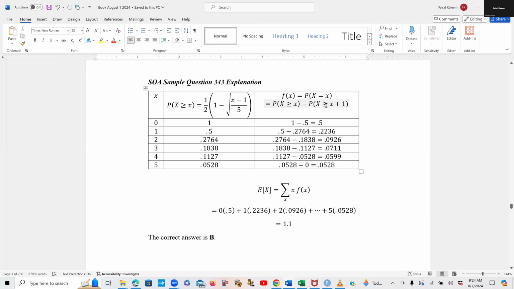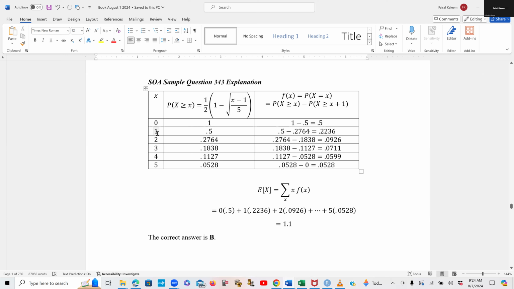To get that, you will substitute x equal to 1 here, because this gives us probability of X greater than or equal to x. If you substitute x equals 1, it will give you probability X greater than or equal to 1. And when you substitute 1 here, this part will become 0, and so you just have 1/2 times 1, which is 0.5. So the probability X is equal to 0 is 0.5.